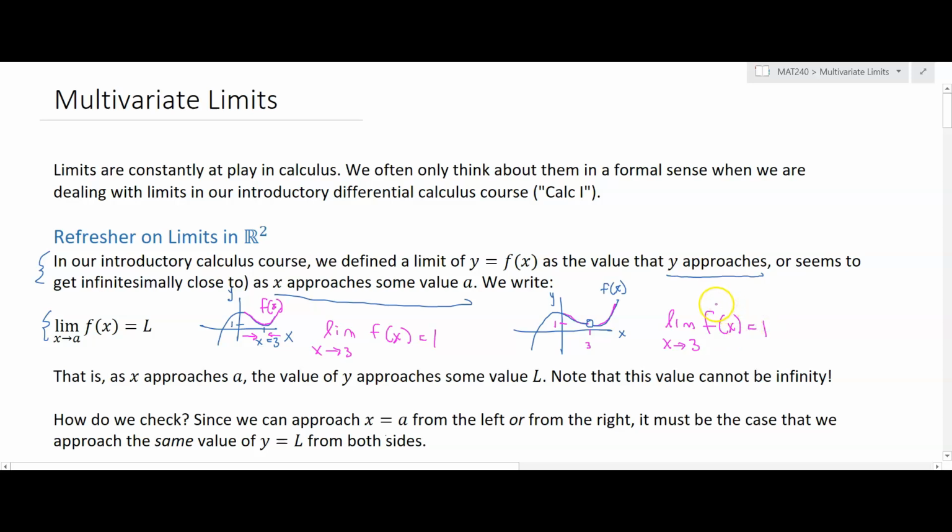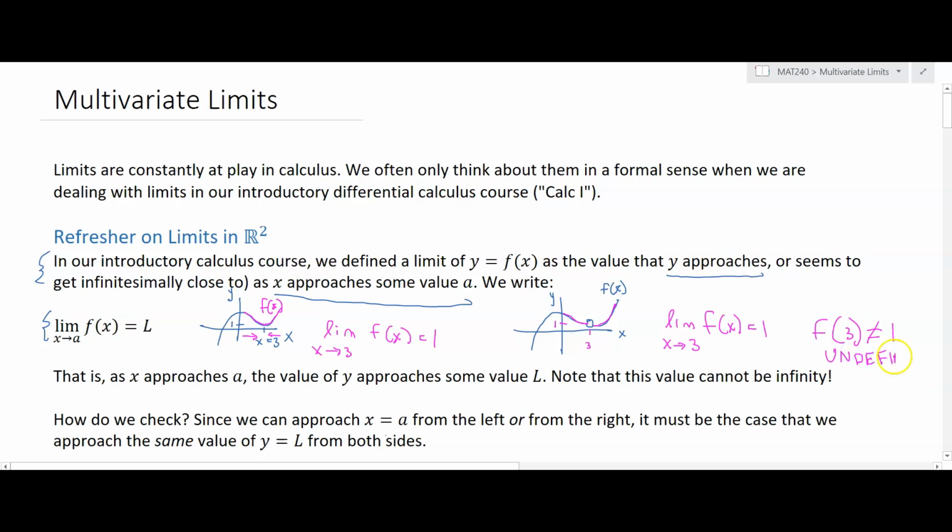And so this is where the power of limits comes into play. We didn't say that f of 3 equals 1, right? In fact, here, f of 3 does not equal 1. That is, when x is 3, there is no output. There's a hole in the graph. So that means that the function is undefined at that point.